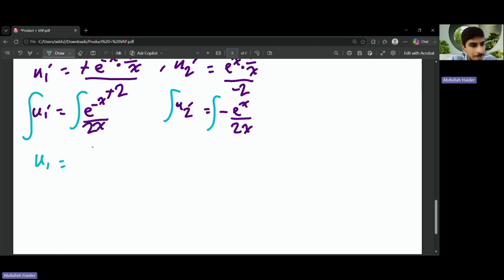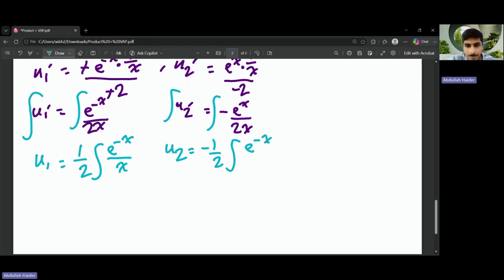If you want to integrate this thing, you first take out the half, e power negative x over x, and then u2 is equal to the integral of, I have to take the minus half outside, minus half e power x over x.